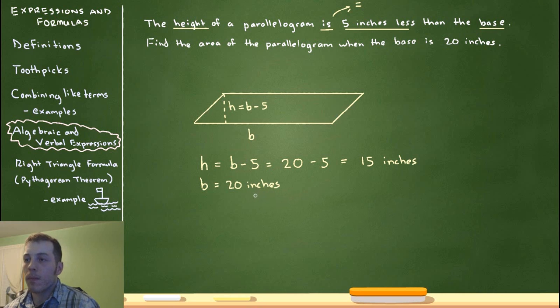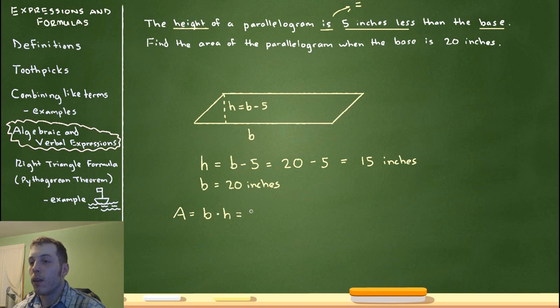Now we need to recall the formula for the area of a parallelogram. The area is going to be the base times the height. Okay, and this is equal to 20 times 15, which is 300.